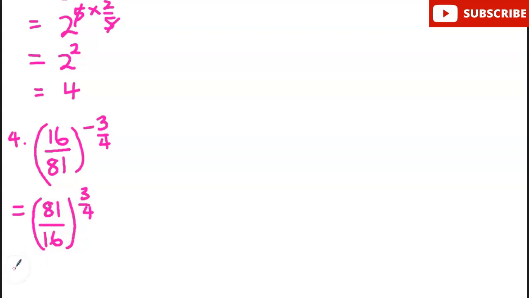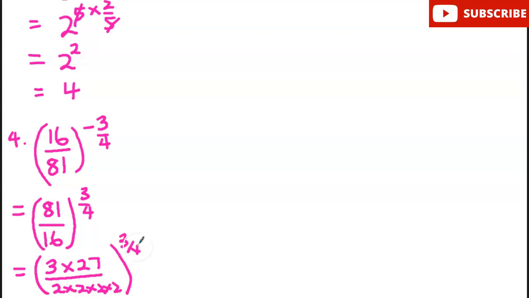And we have 81 can be written as 3 times 27, and then 16 can be written as 2 times 2 times 2 times 2, all raised to the power 3 on 4.